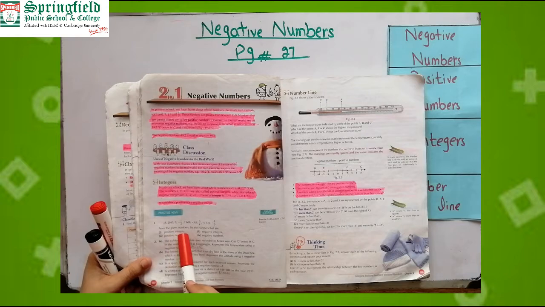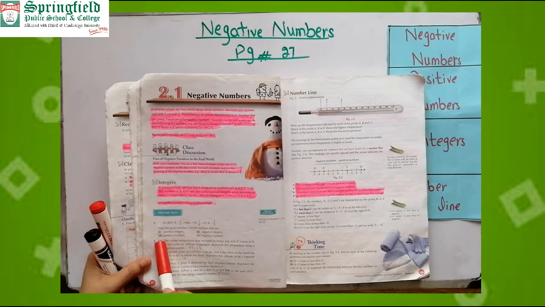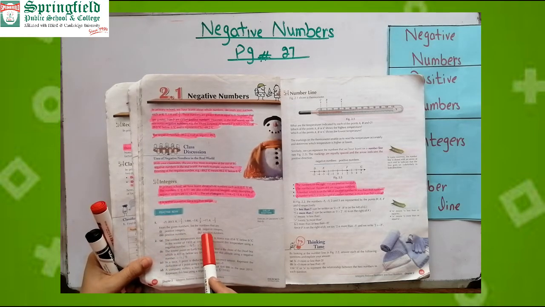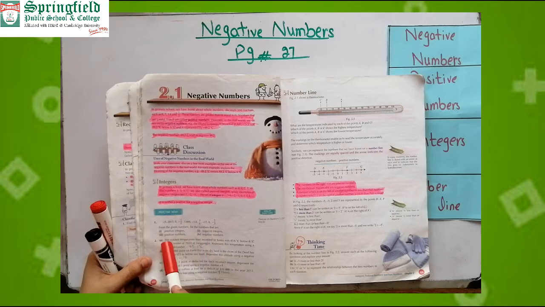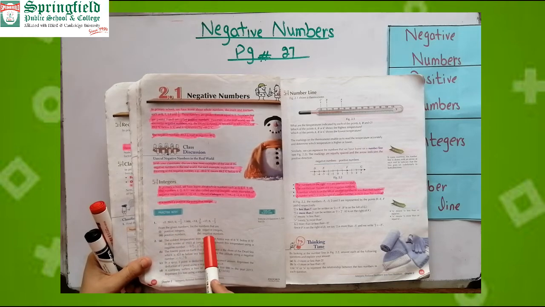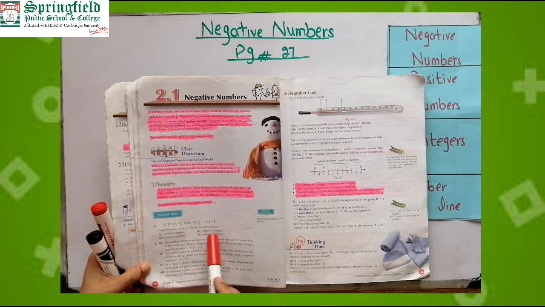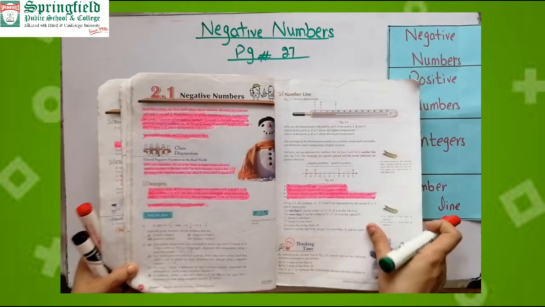From the given numbers, list the positive numbers, the negative numbers, positive integers, negative integers, and then positive numbers and negative numbers. Integers mean decimal numbers are not included. Fine. Okay, positive integers, negative integers.